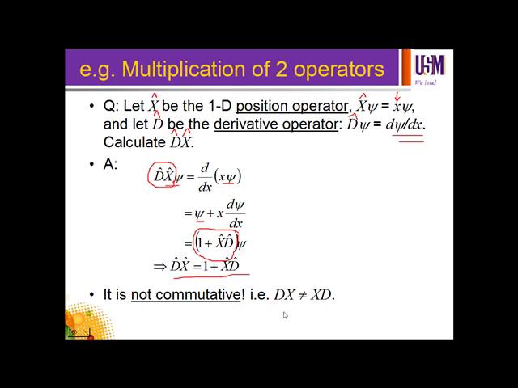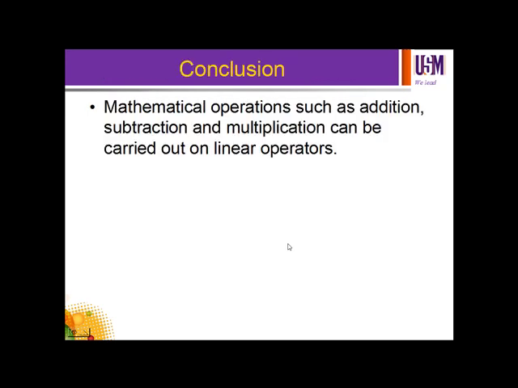That means you cannot just put the position of two operators randomly. It must follow a certain sequence. For example, operator D operator X is not equal to operator X multiplied by operator D. This is the proof that multiplication of two operators, such as shown in the example, might not be commutative. That means you cannot place them anywhere you like. It must follow a certain sequence.